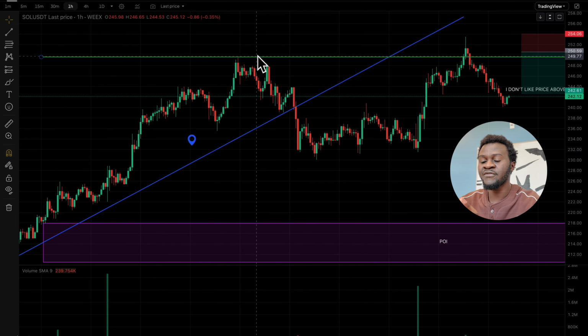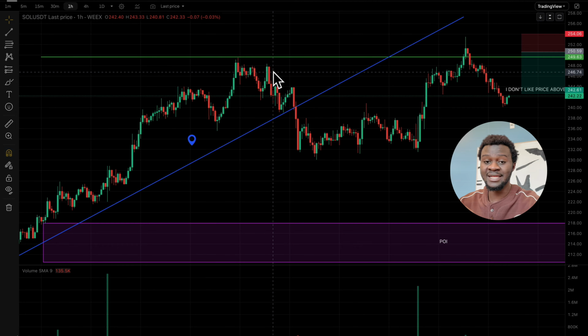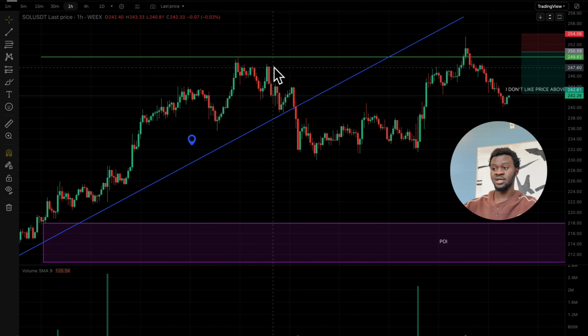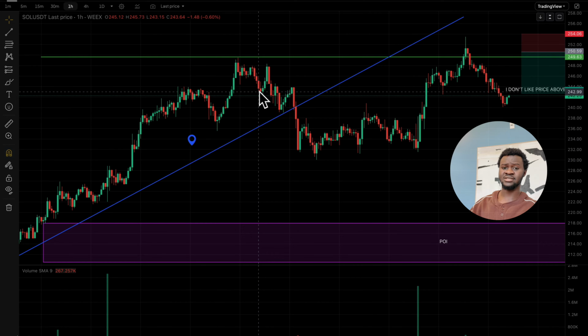We came here, we formed this high, and when I started seeing this reaction up here, I'm like, okay, this is interesting. I didn't take a shot yet. I was telling my community that I'm kind of bearish and I would like to take advantage of this. When I saw this, it looked like a small double top. So when everything is green, you would like to short at least, right?